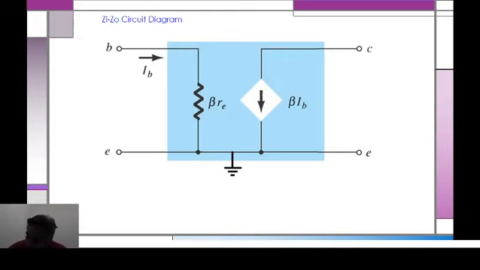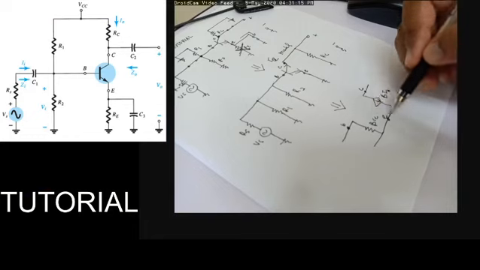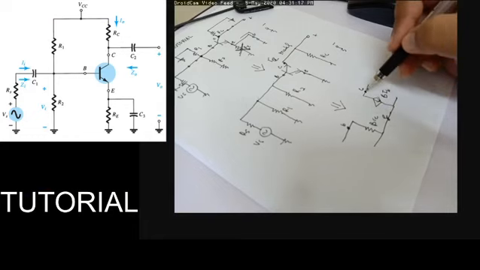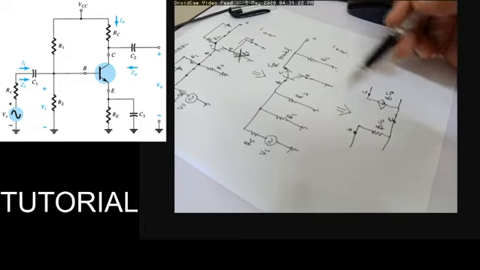So now what we are going to do is, this is our base, this one is actually the emitter, and this is our collector. Try to relate this circuit to that circuit.